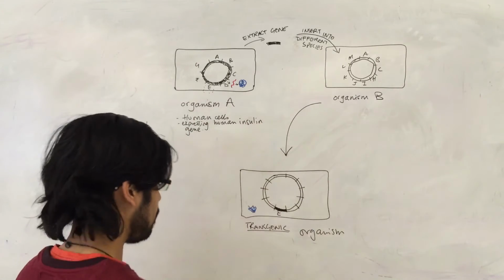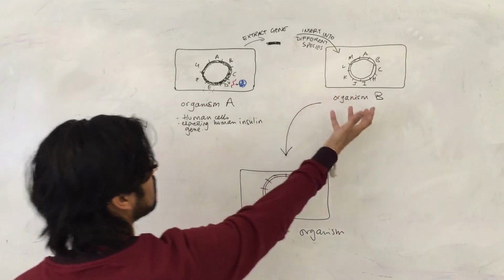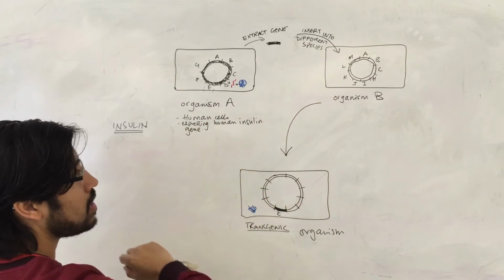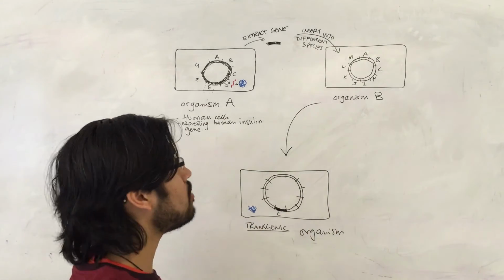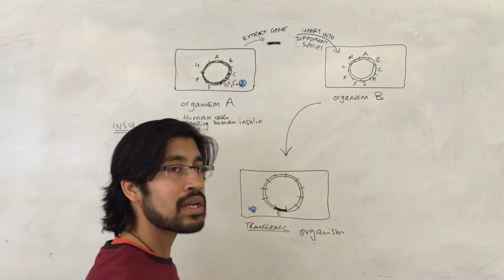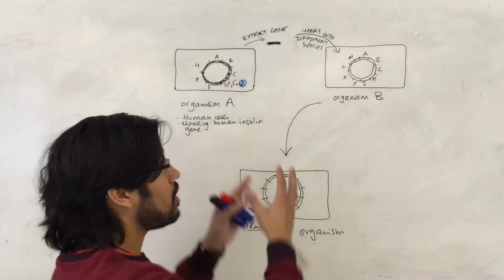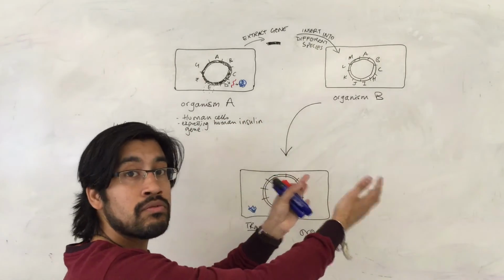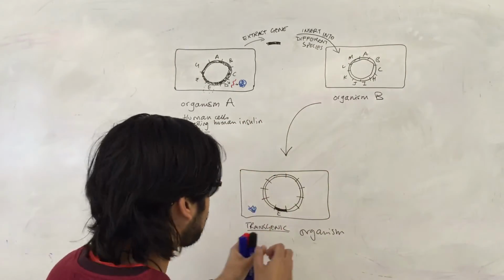So we want bacteria to express this gene so we can extract human insulin from bacteria. But the problem is, bacteria don't express human insulin. They don't have the gene for human insulin, obviously.